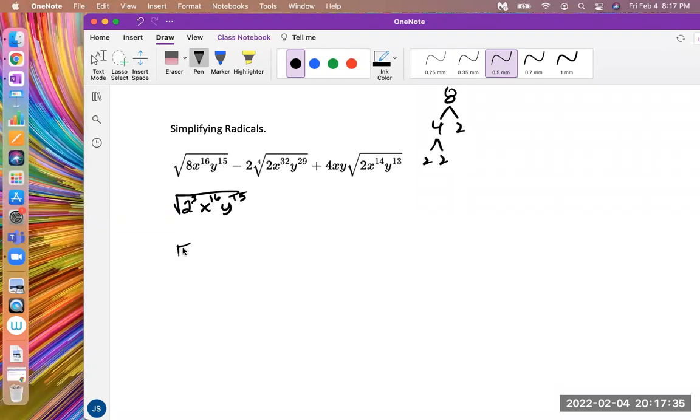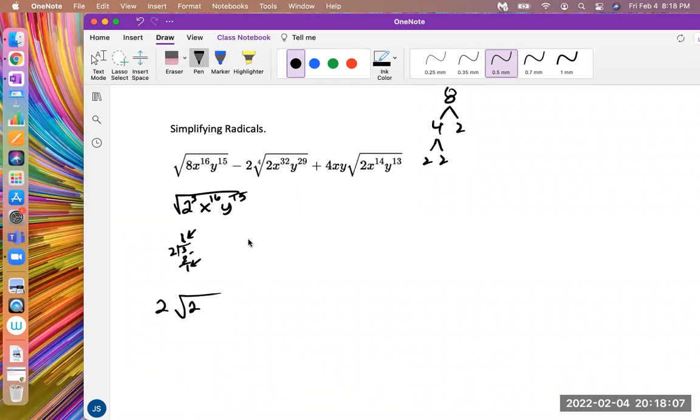So 3 divided by 2 is 1, remainder 1. The number here is the number of 2's coming out, and the number down here is the number of 2's staying underneath the hood. So 1, 2 coming out, 1, 2 staying under the hood.